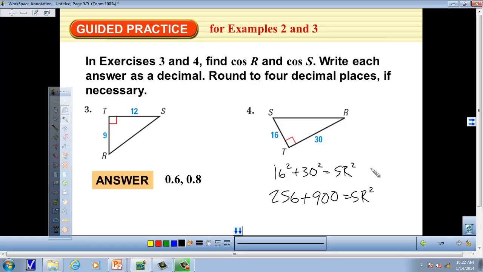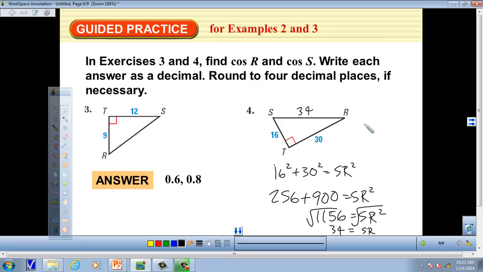Adding those two together, we get 1156 equals SR squared. We're going to square root both sides, and we get 34. So SR is equal to 34. So that's this length right here.